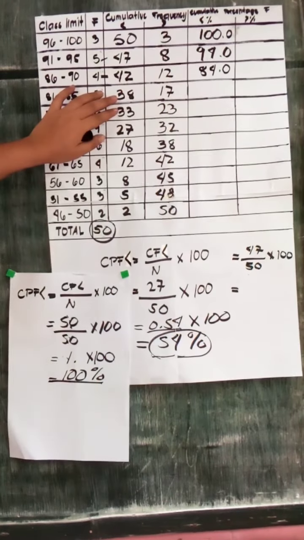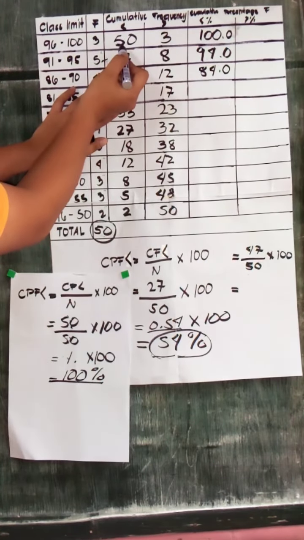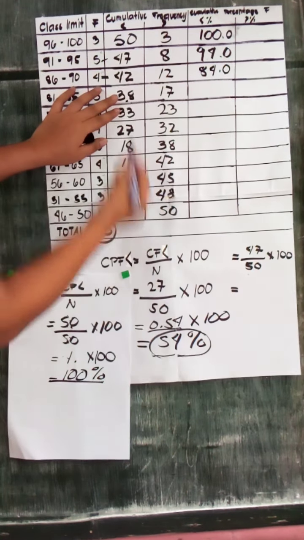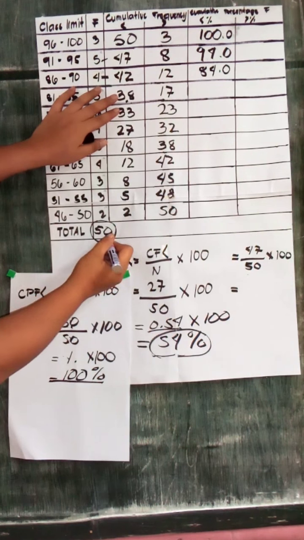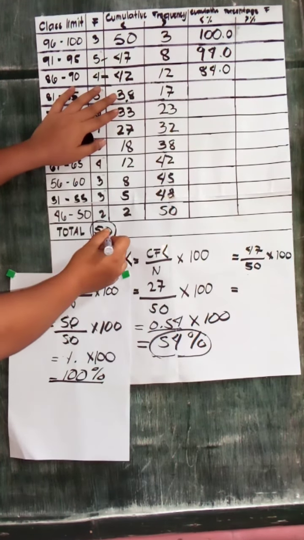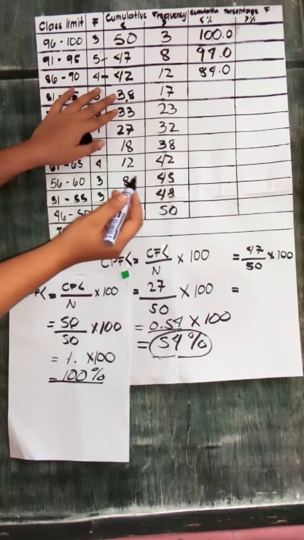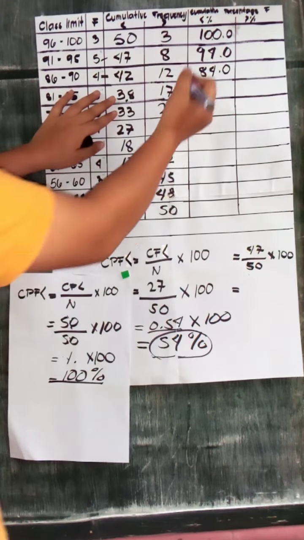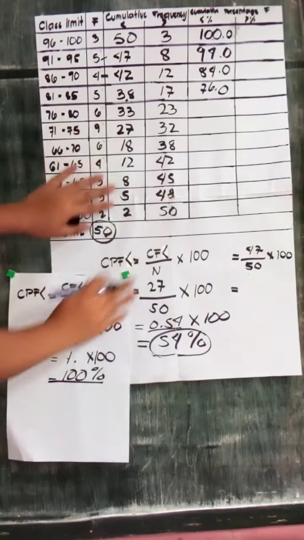Next, 38 divided by 50 is equal to 76, and 76% times 100 is equal to 76%.